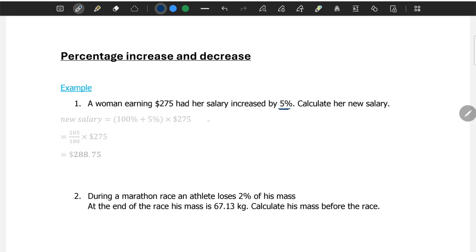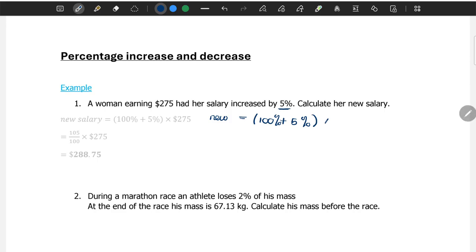So we're saying new salary is equal to, if she was getting 100%, now she's getting plus 5%, right? Because a completion of something is 100%. So the old salary was 100% of itself, but the new salary is adding 5% to that 100%.